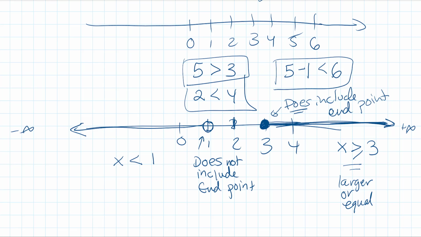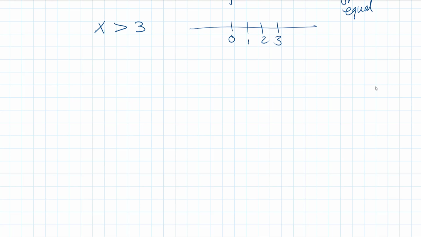So by looking at these graphs, we can write down an inequality, and we can go back and forth between these two presentations. We can write the inequality in the form of a mathematical inequality like that, x larger than 3, or we can graph it, and both mean the same thing.